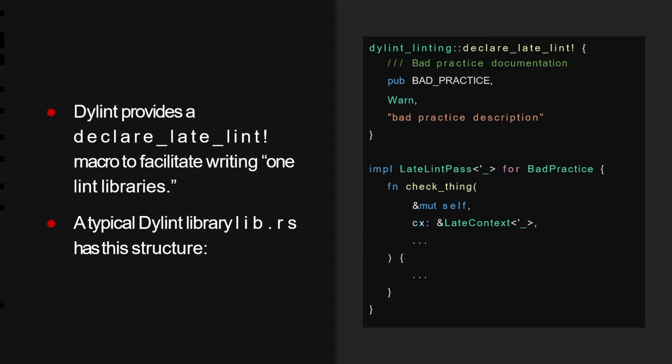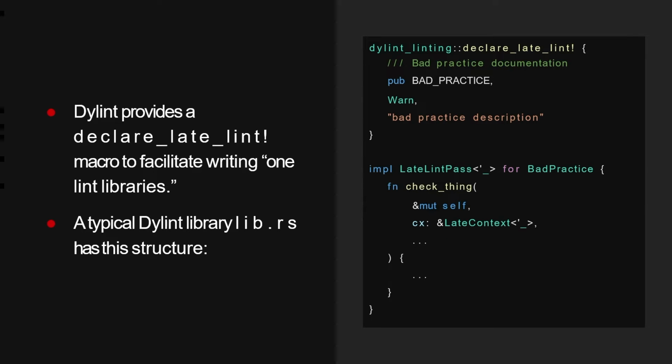And for the case of a one-lint library, the structure of the lib.rs file will typically be like this. There'll be an invocation of a declare lint macro, which by convention has a Rust doc comment with some documentation about the lint. Then there's the lint name, the default lint level, which is nearly always warn, and then a short description, which appears if you ask Dylint to list the lints in the library.